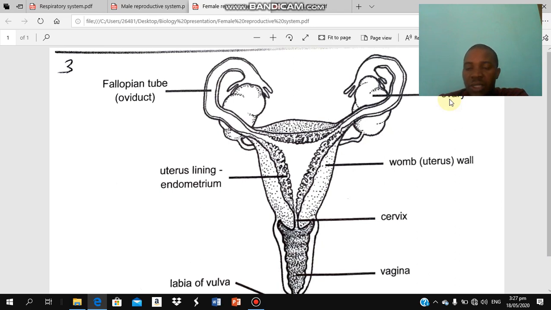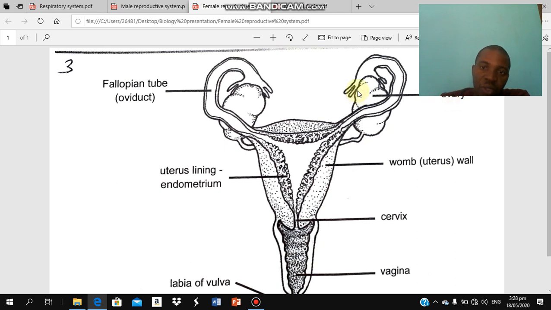That is the first function. The other function of the ovary is that it produces the egg cell. It produces the ova. The other name for the egg cell is the ova.